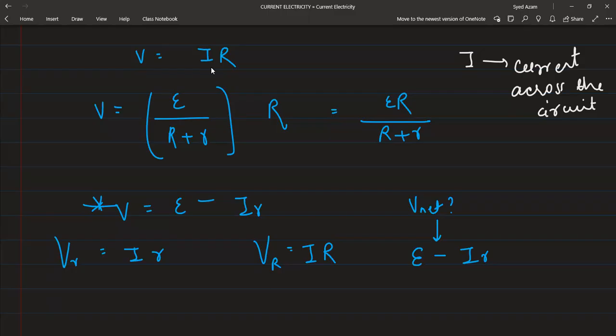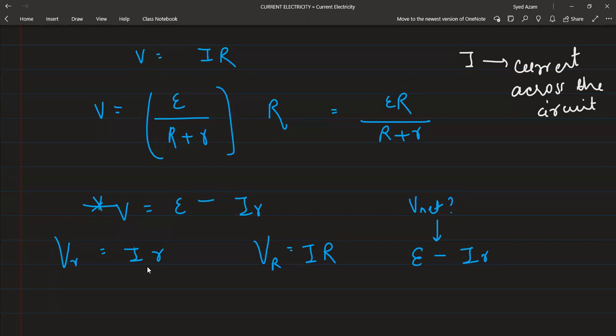That's it. Now, if I ask what is the potential for the internal resistance, you can say V is equal to I into small r. Resistance of the internal resistor is small r, and the current flowing is I. So the potential of the internal resistor would be I into small r.